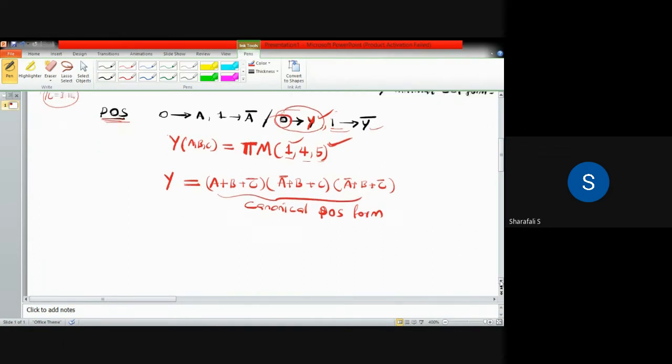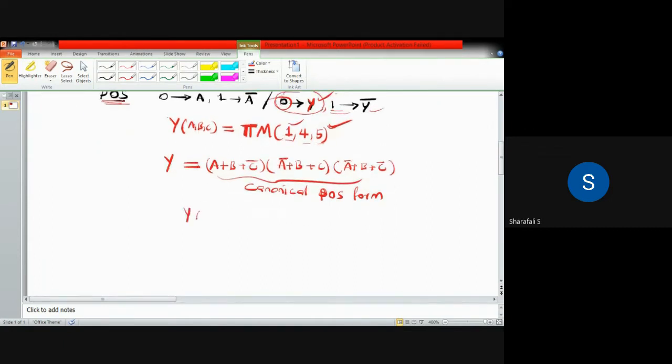And if you simplify this expression by using Boolean algebra, then we will get the simplified form as A bar plus B, or A bar or B dot B or C bar.